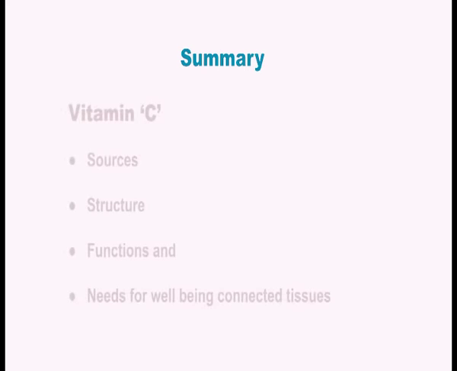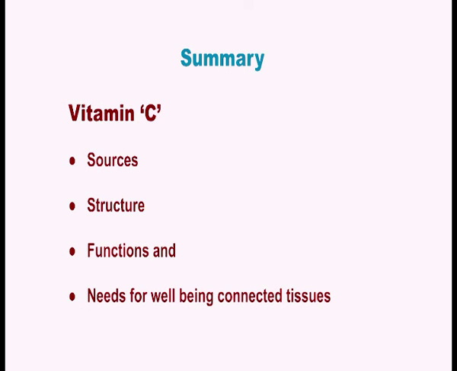We saw the source of vitamin C, we saw the structure of vitamin C, we also looked at different functions connected with vitamin C, and we also looked at the overall need of vitamin C in the well-being of connective tissues.